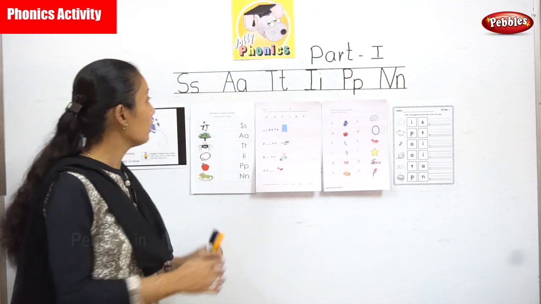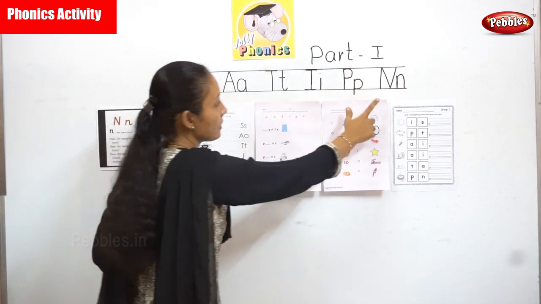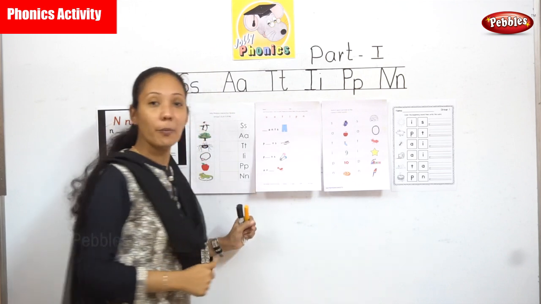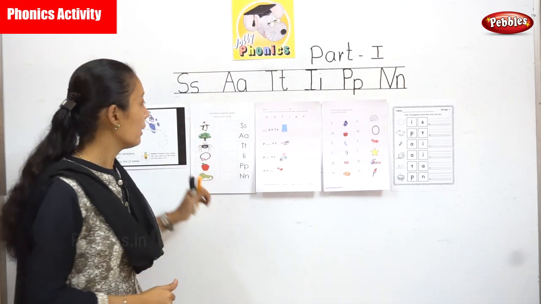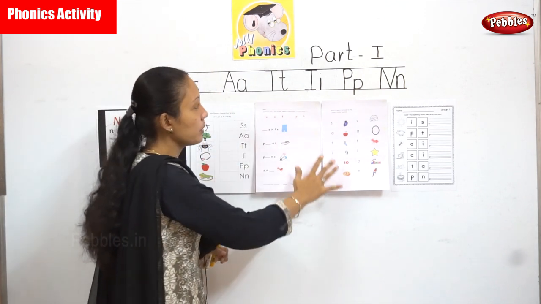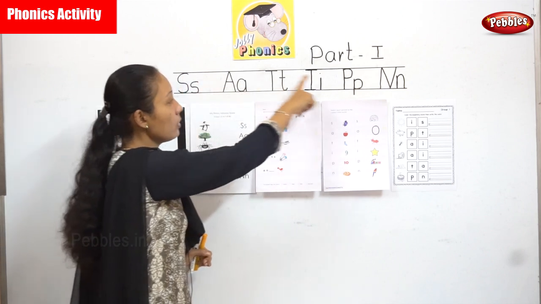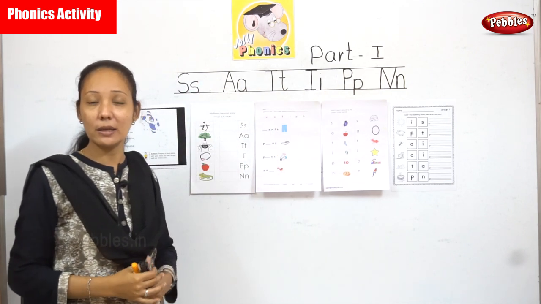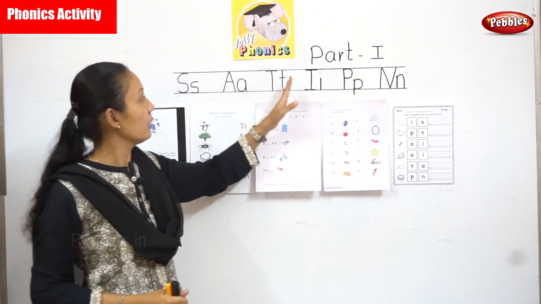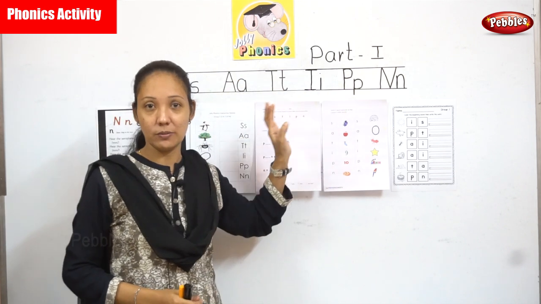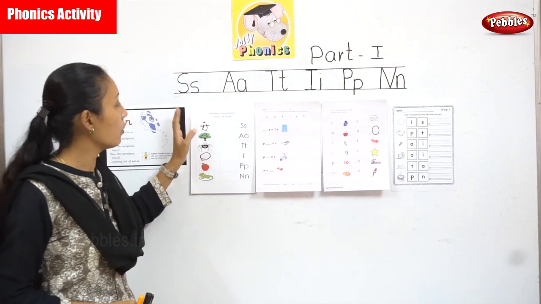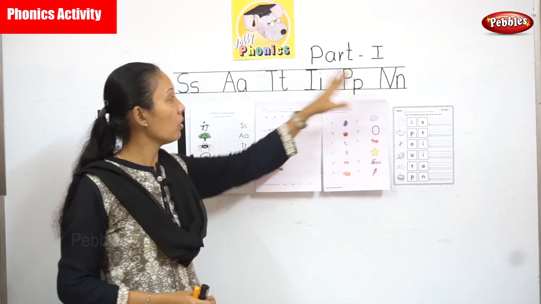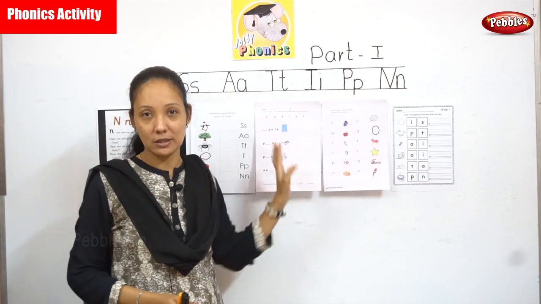Since you have finished your 6 letters and the sound for your part 1, now we will do an activity regarding all your letters. We have done your activity for your single letter and your sound, isn't it? Yes. So we know this is all put together, all your letters and all your sounds.